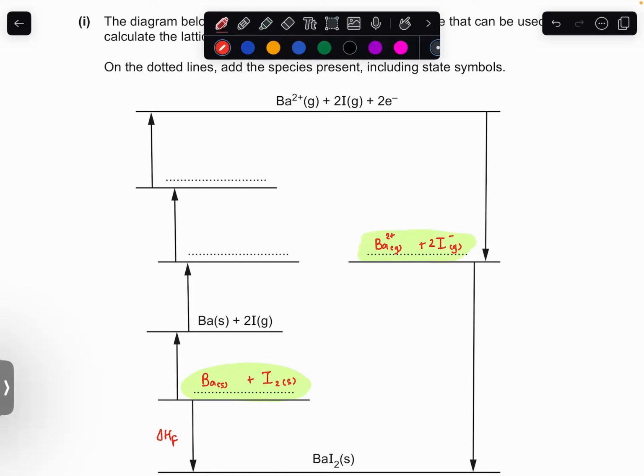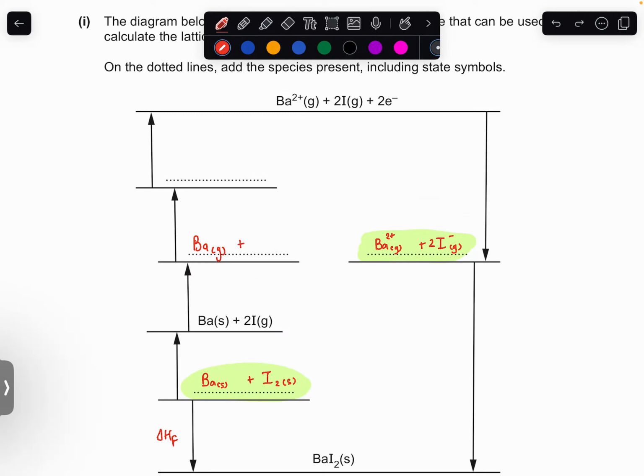What we'll do first, we will atomize the barium. So we write down the same thing again, but this time the state symbol is gaseous. And from here to here, the iodine has been atomized. That's already been filled in.